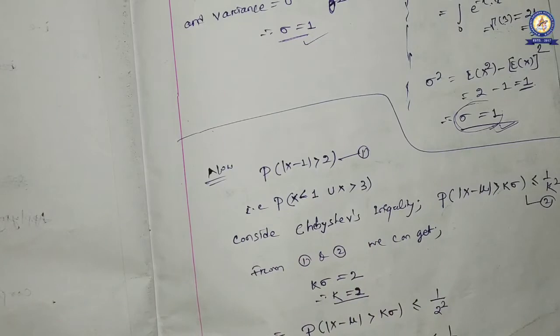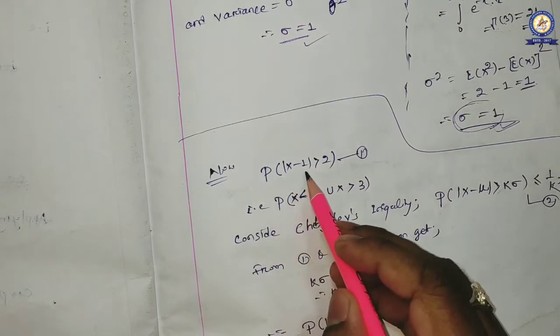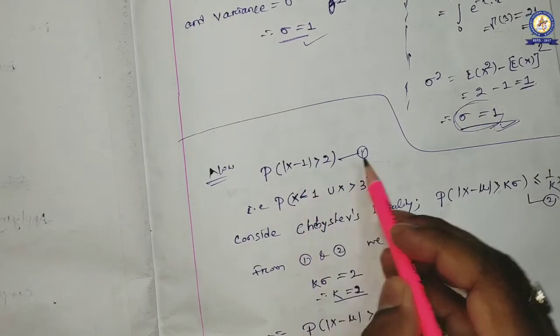Now we are going to find the value given in the question, that is the probability of mod x minus 1 greater than 2. Let this be equation number 1.